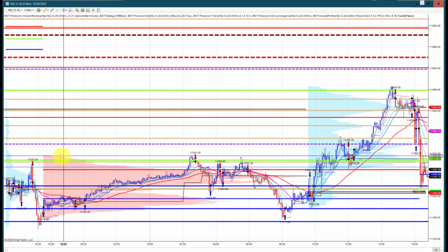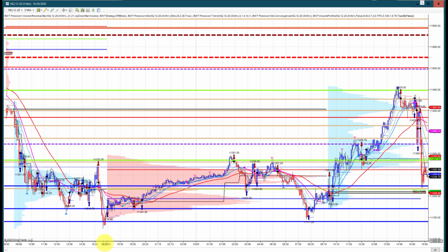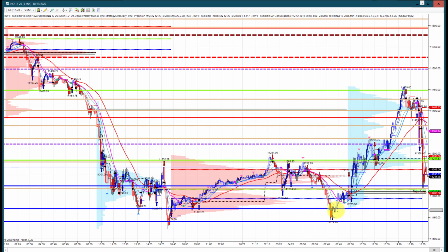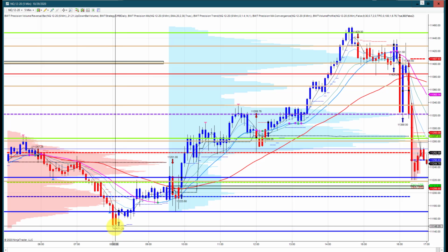Many of them are the high or low of the session or the Globex session, and they lined up pretty good with today's action. So I just want to show how price moves from one level to another.